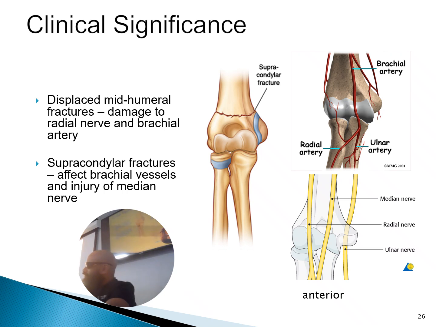I'm not sure if he ever got the function back, but I think he was permanently stuck like this. That's just the clinical significance of this. It's very intimate to the area that breaks. You cut one of those nerves, you're pretty much in a lot of trouble.